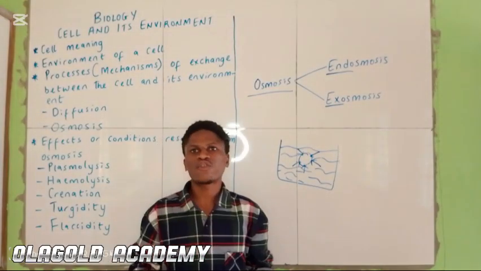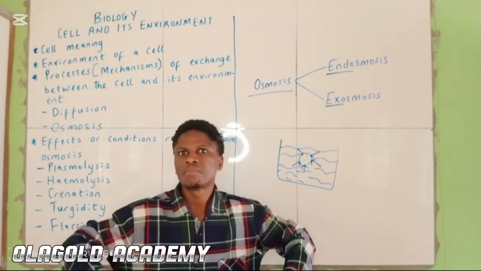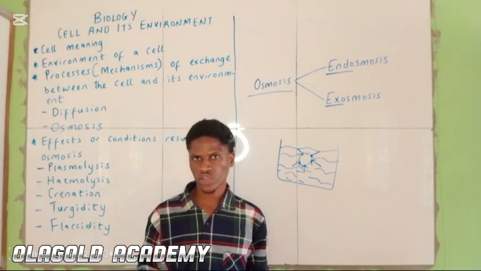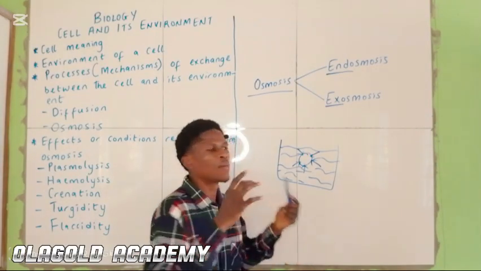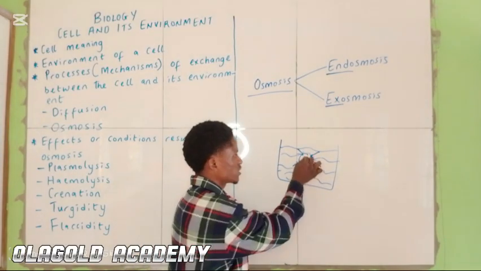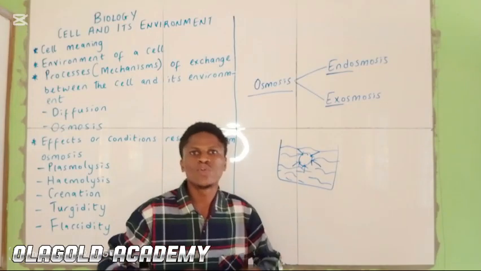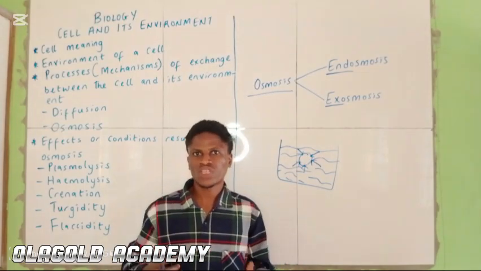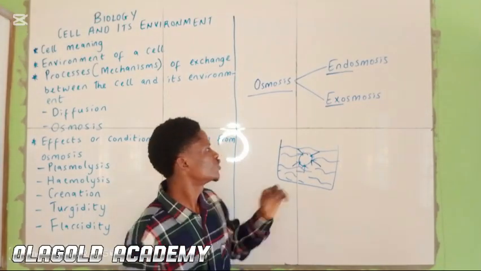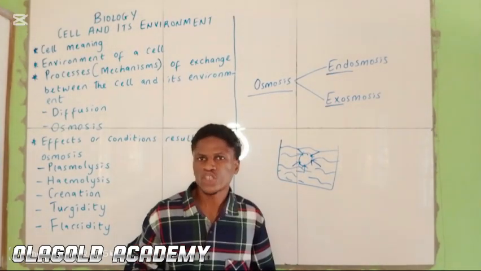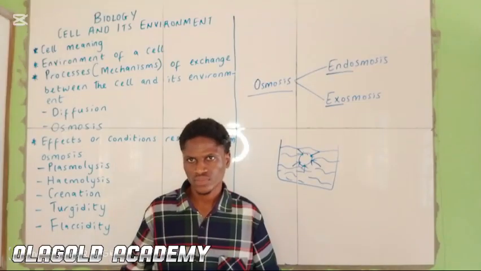Now, if we have water molecules moving out from the cell, if we have more concentration of water molecules in the cell, and we have lower concentration of water molecules outside the cell, what will happen is that the cell will give out water to the surrounding.